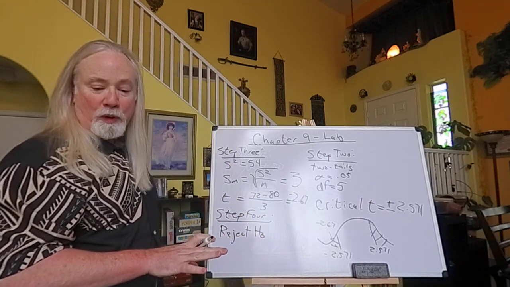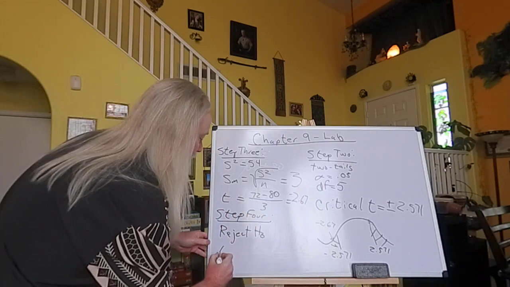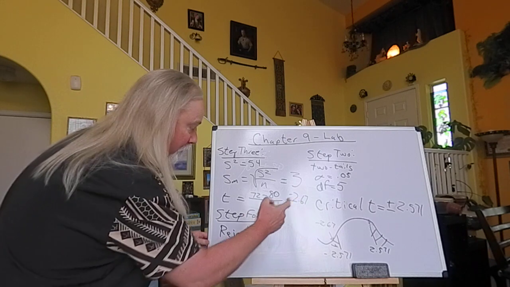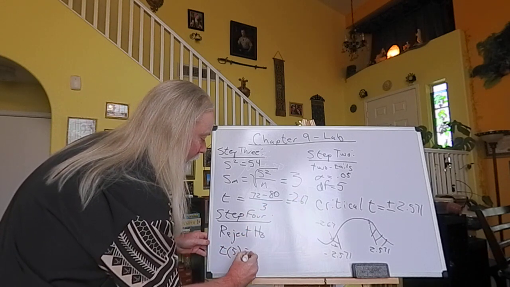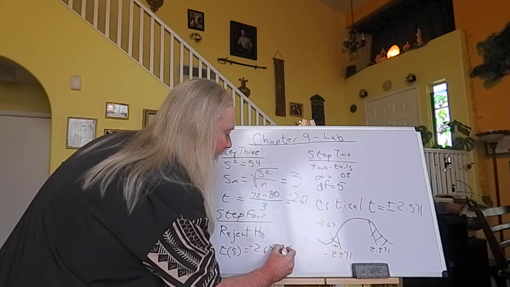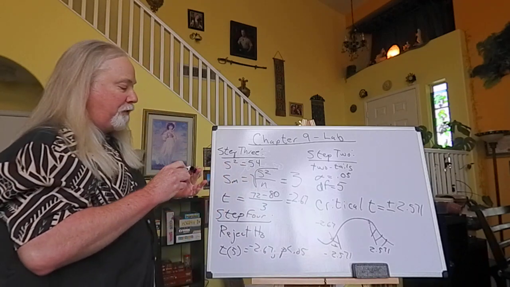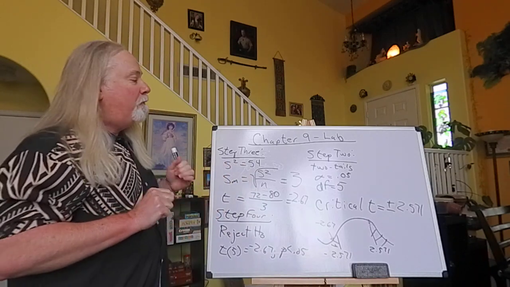And just for practice, if we wanted to write that in APA format, we would say that we have a t of 5 equals negative 2.67, semicolon, p less than 0.05. So that's our answer for 14A.